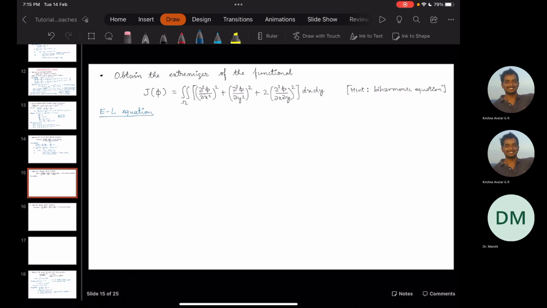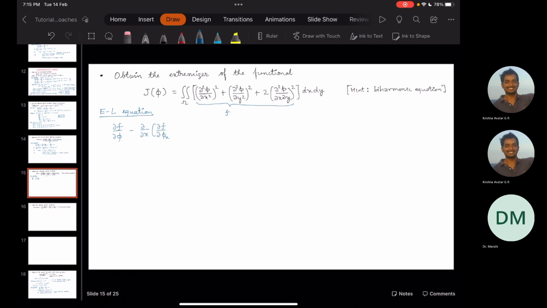And the integrand of the functional I'll just call f. So the Euler-Lagrange equation is dou f by dou phi, minus dou by dou x of dou f by dou phi x.